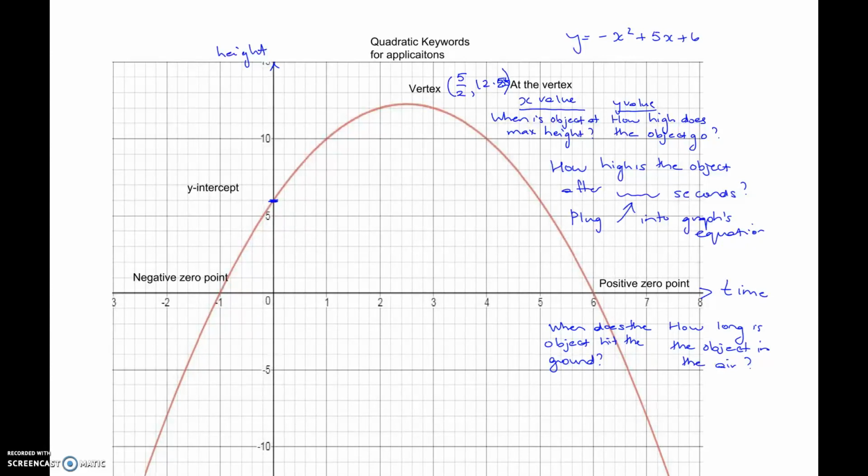This answers the question, how high off the ground does the object start? Now this is the initial height. That's another question. What's the initial height?